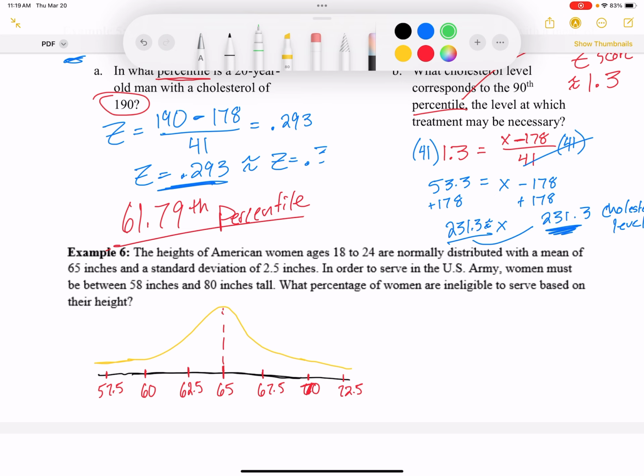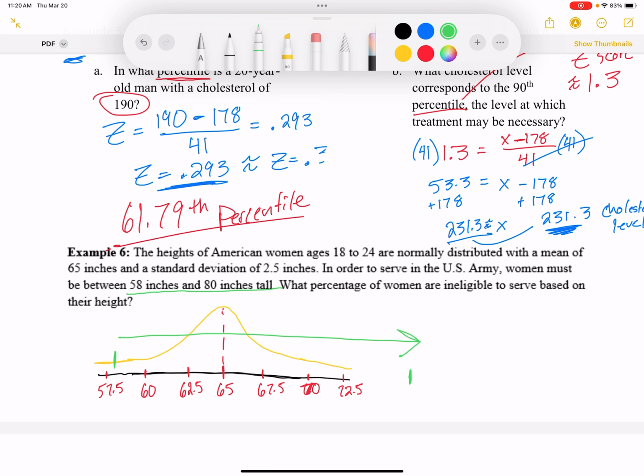What percentage of women are ineligible to serve based on their height? So we're looking at from 58 to 80 inches. From 58, that's a little bit above that. And then to 80 inches, that's way above that, right? So all these people can serve.